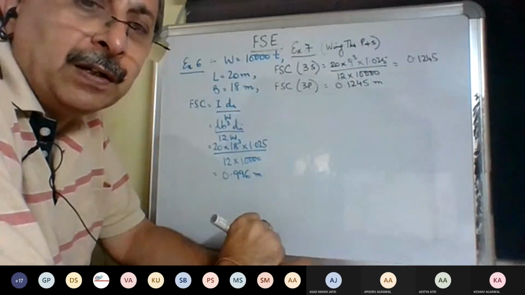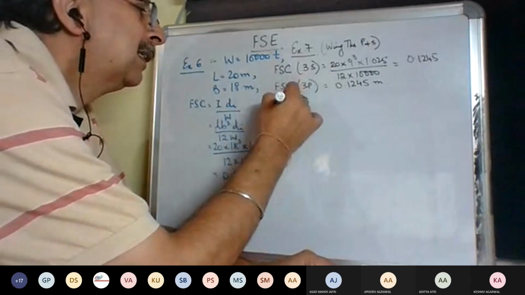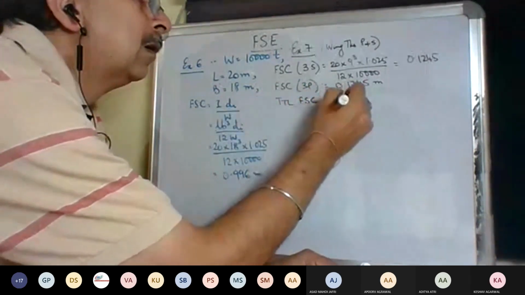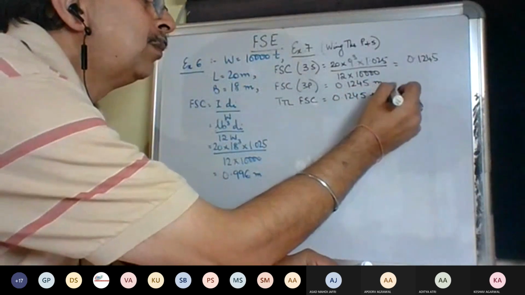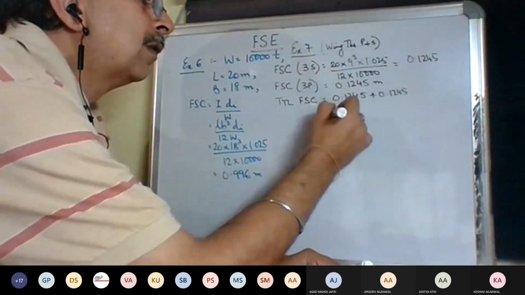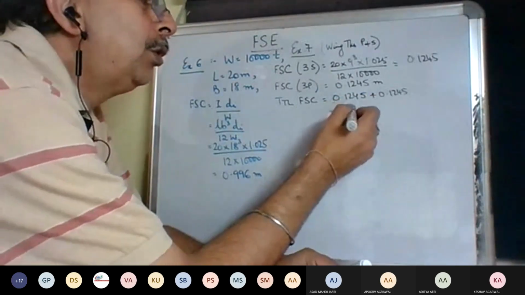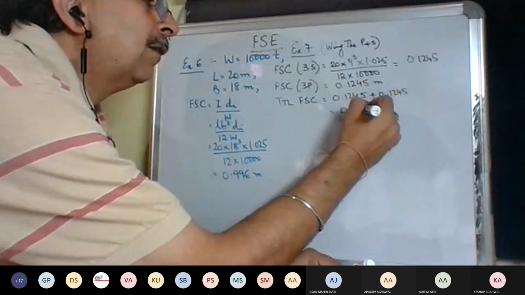So the total FSC for both the tanks will be 0.1245 plus 0.1245 is equal to 0.249.